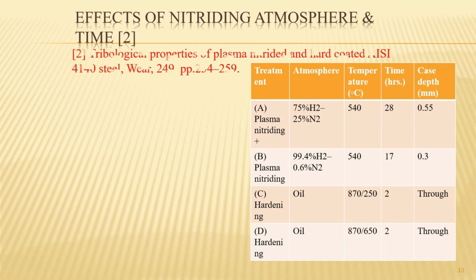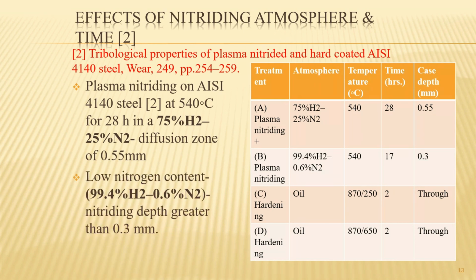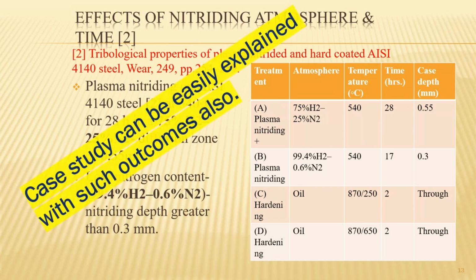You can again continue with the results. Like in this case, I have presented results on plasma nitriding of AISI 4140 steel at a certain temperature and at a certain atmosphere. So here I have compared two atmospheres, like low nitrogen content and high nitrogen content.